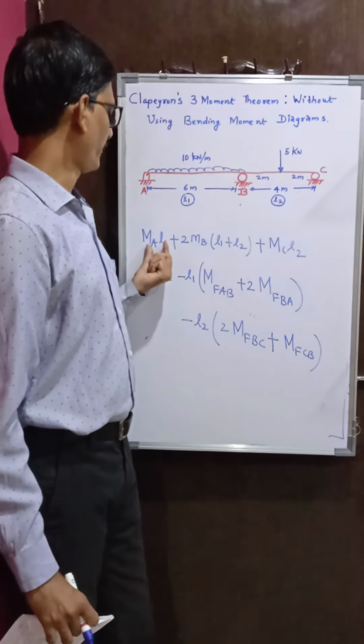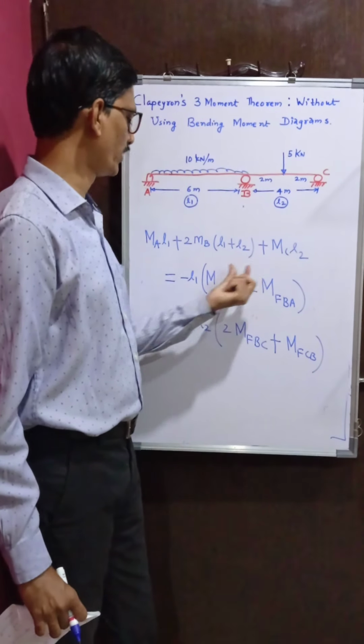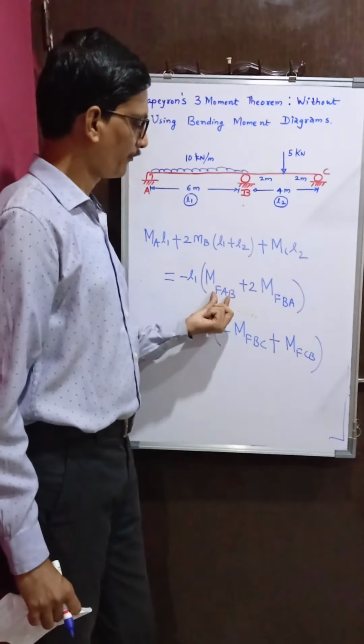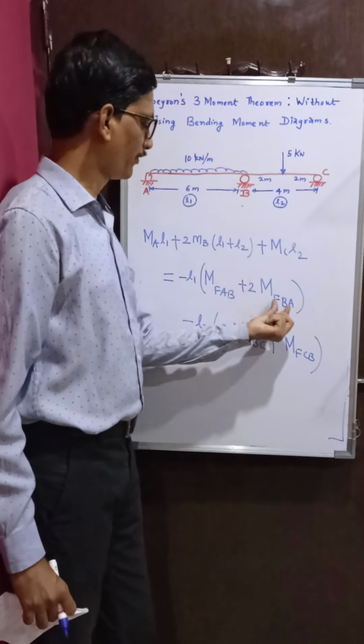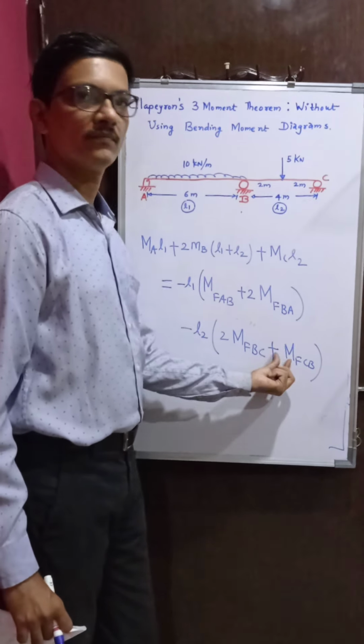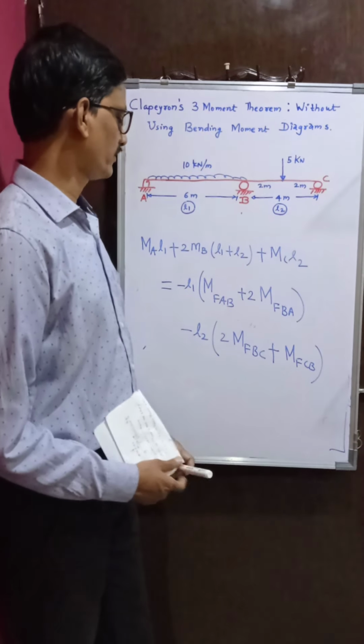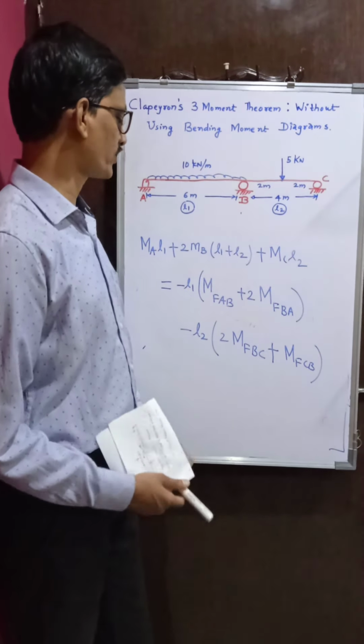So here MA L1 plus 2 MB L1 plus L2 plus MC L2 is equal to minus L1 MFAB plus 2 times MFBA minus L2 2 times MFBC plus 1 time MFCB. Now here let us calculate the fixed end moments, that is MFAB, MFBA, MFBC and MFCB, and let us see what happens.